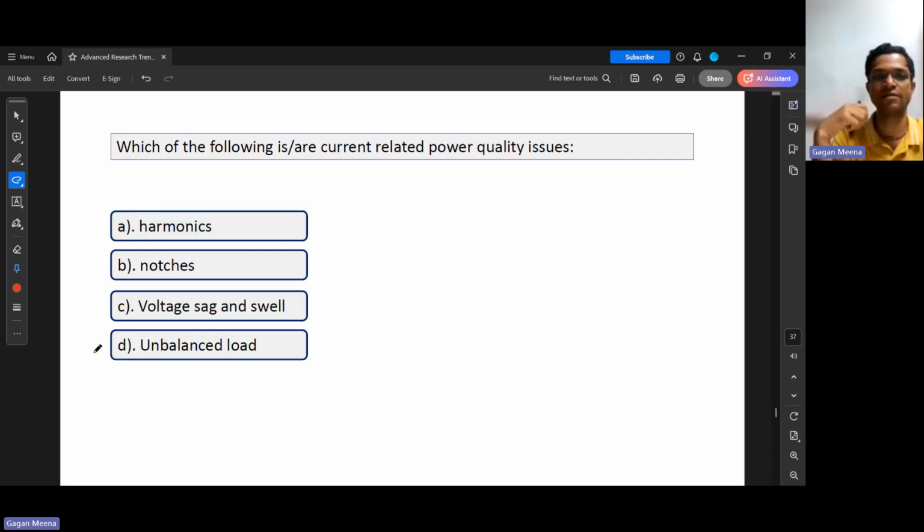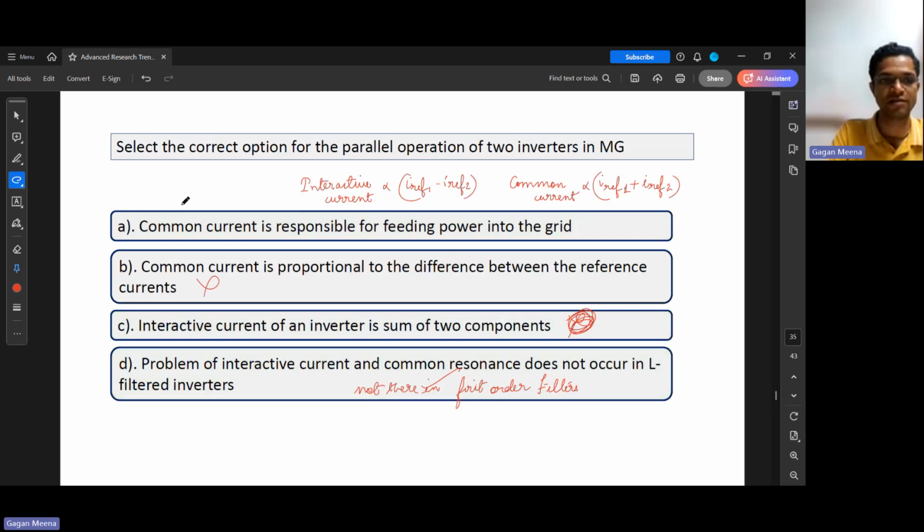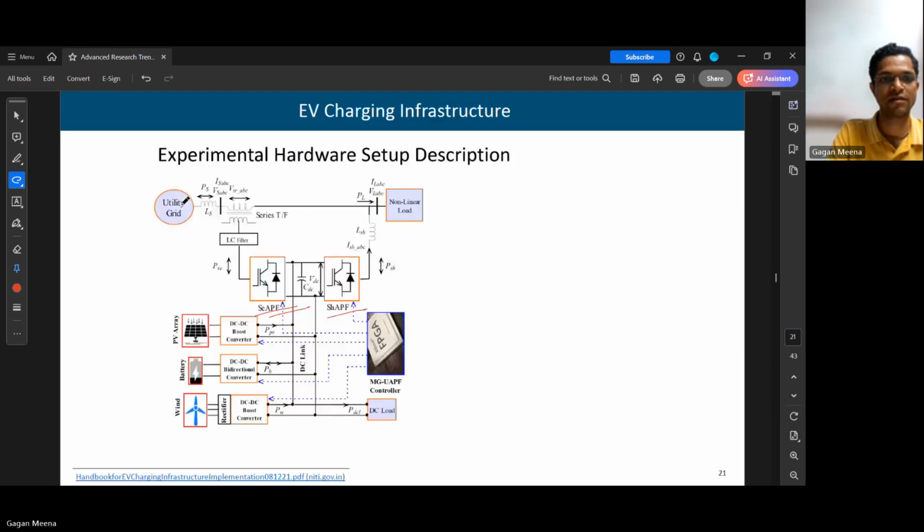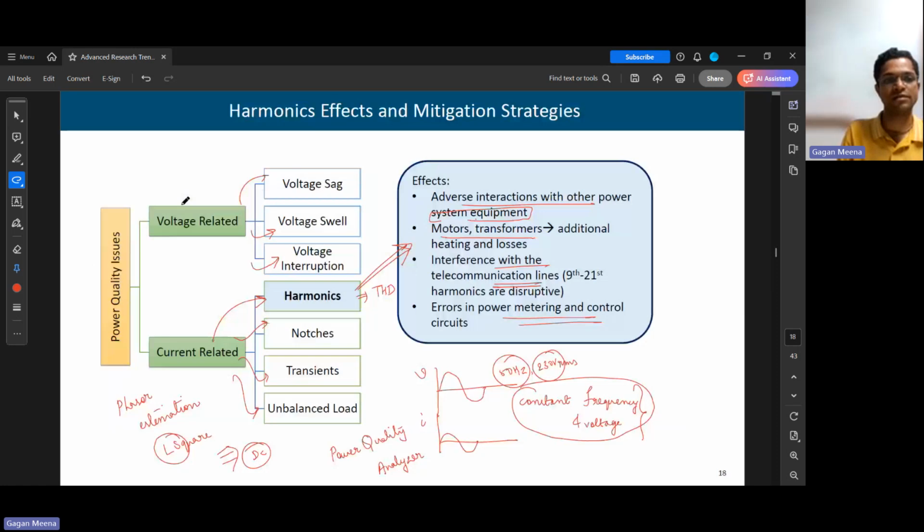Which of the following are current related power quality issues? One is harmonic. Yes, we already saw. Let us go through that again. In power quality issues we have two categories: voltage related and current related. In voltage related, we have voltage sag, voltage swell, and voltage interruption.